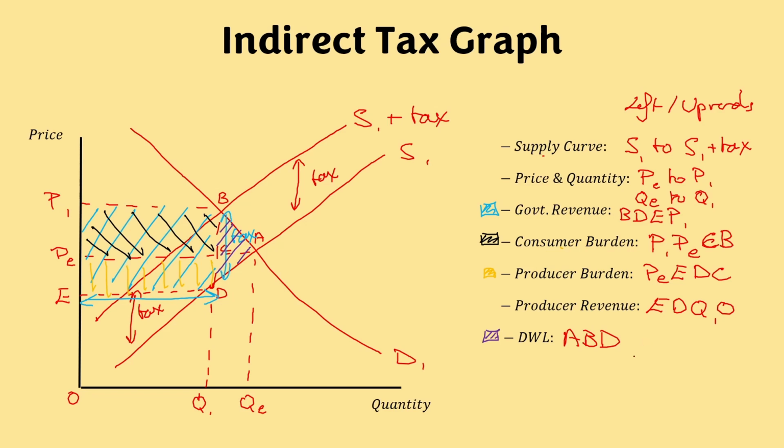Therefore, this is an intuitive way to understand why there is this triangle of deadweight loss. Both consumers and producers are worse off. The only ones that we could say are better off is the government, because they get some revenue and that is good for them.